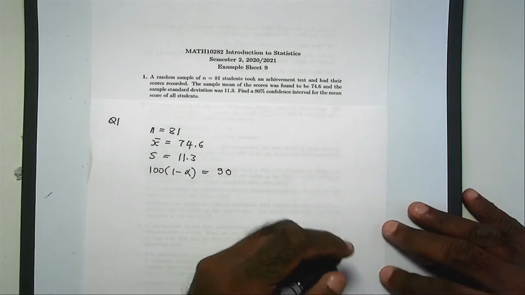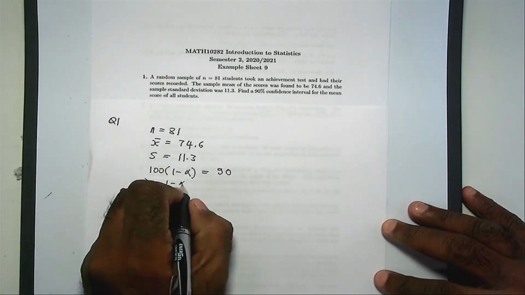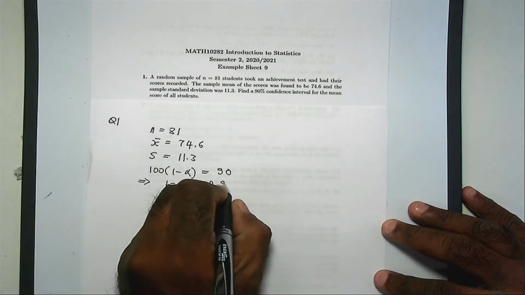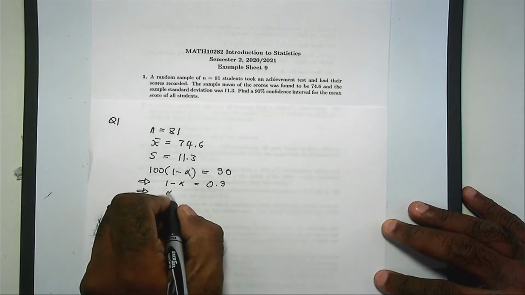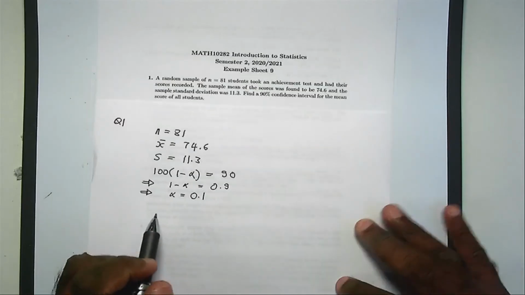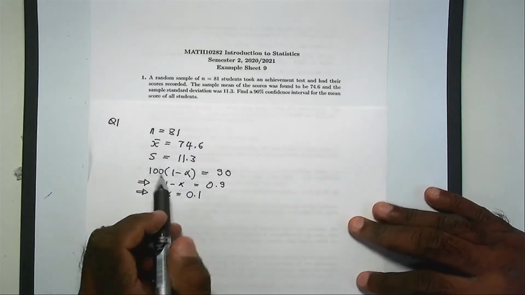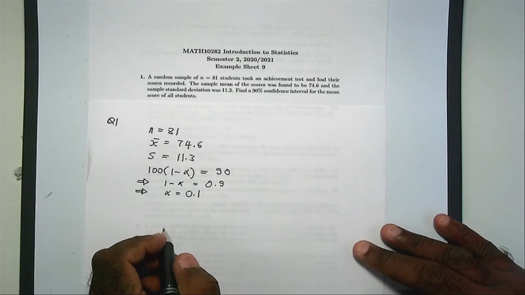This implies that 1 minus alpha is 0.9, so alpha is 0.1.